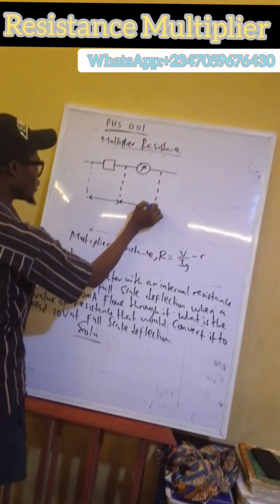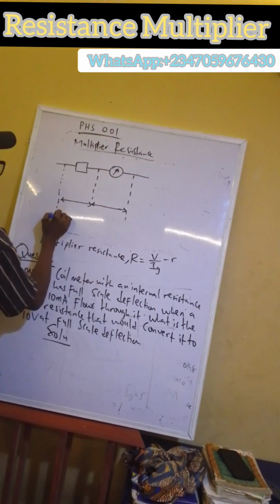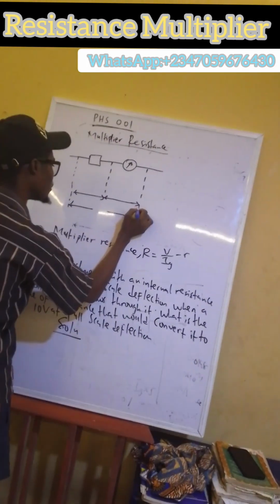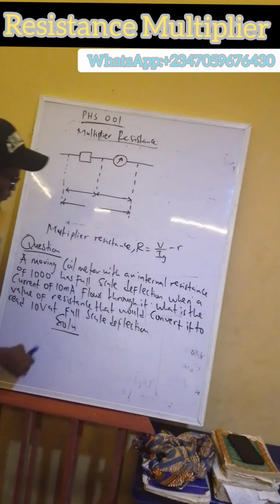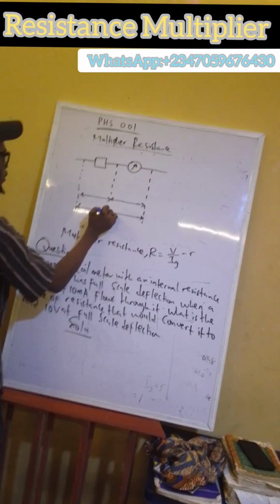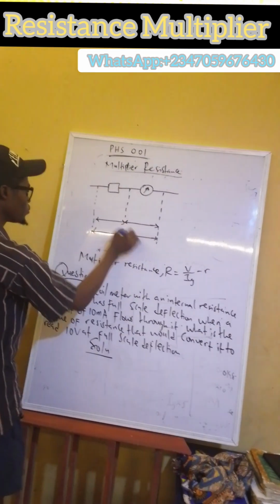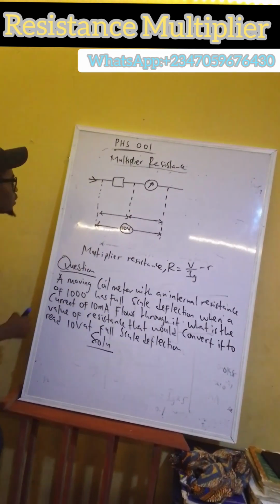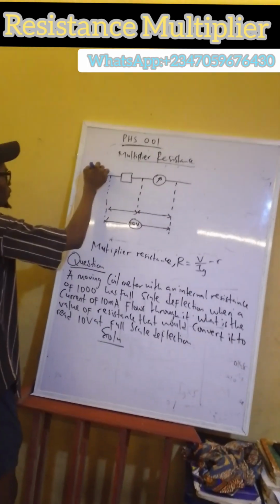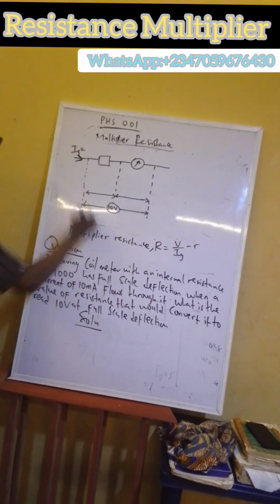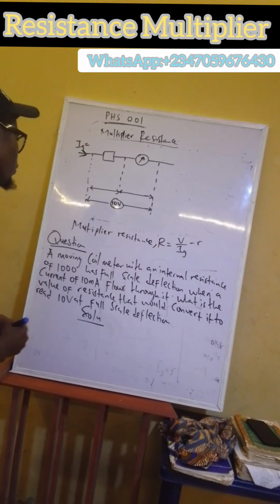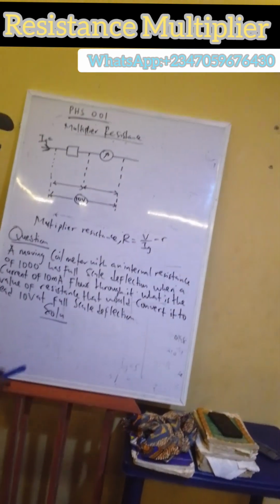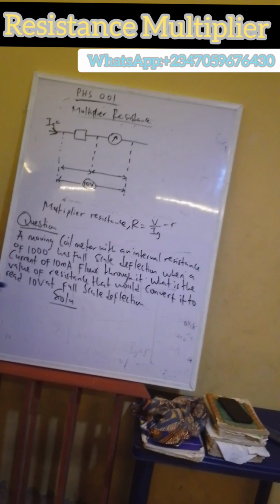We are now having V in this question. Our V is 10 volts. This is where the arrow comes in: this is the current flowing through the galvanometer. The moving coil meter has an internal resistance of 1000.